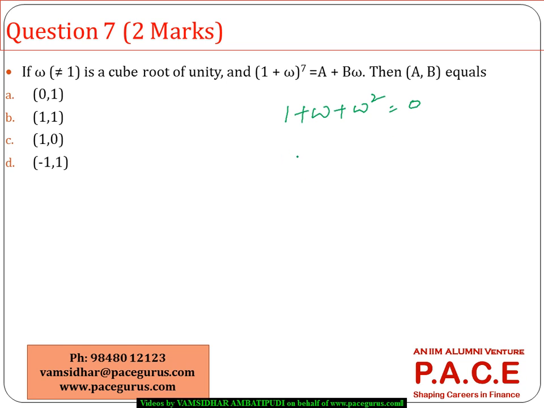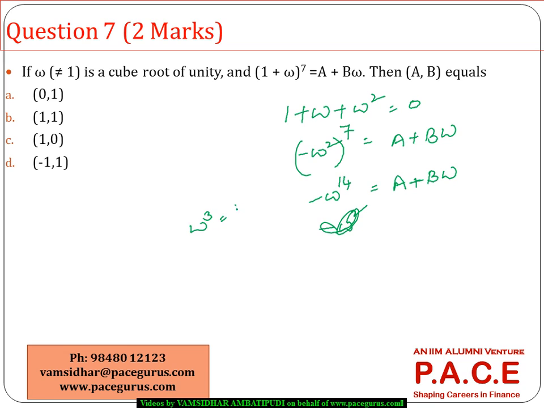So I will write it as (minus omega squared) to the power 7 is equal to a plus b omega, which means minus omega to the power 14 is equal to a plus b omega, which again will work out to minus omega squared, because we know omega cube is always equal to 1.